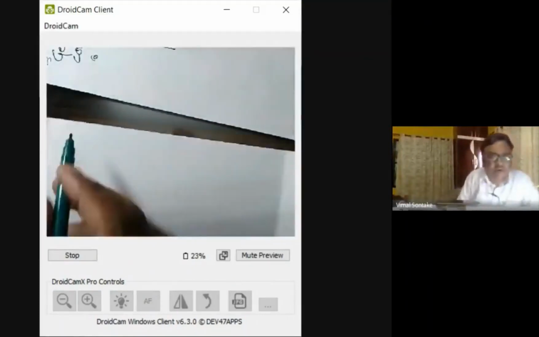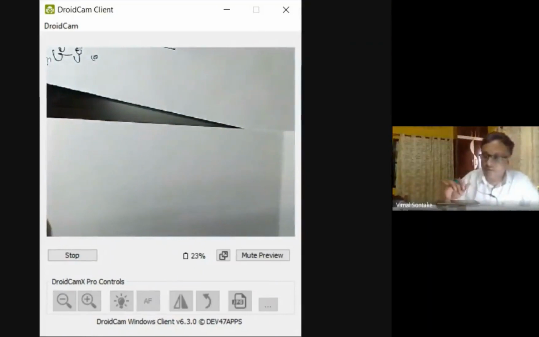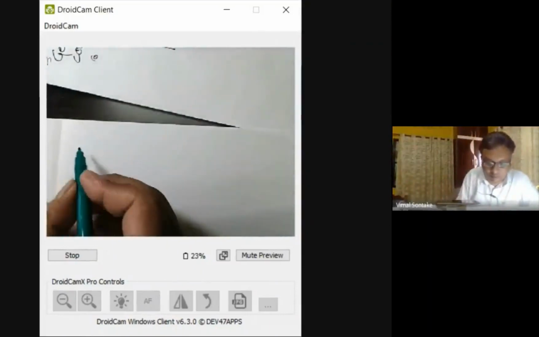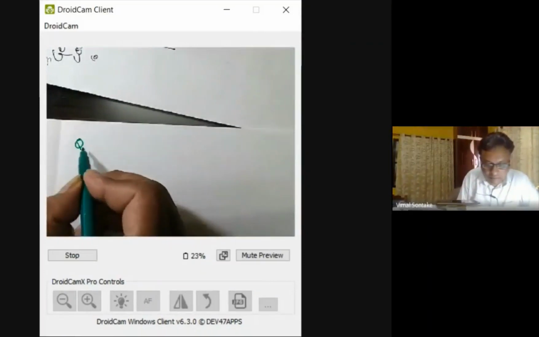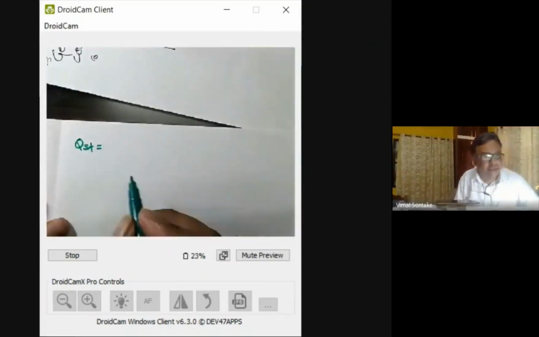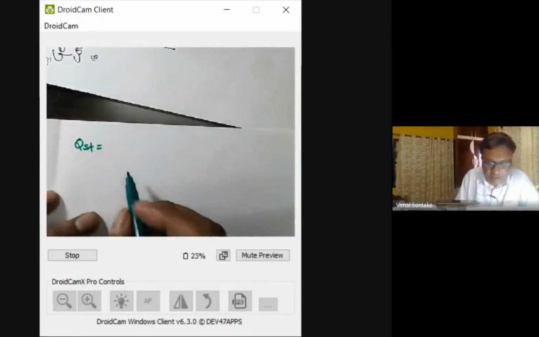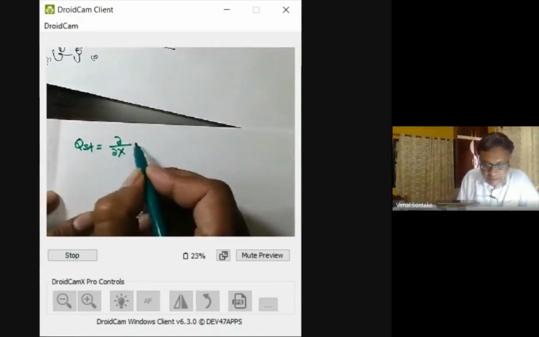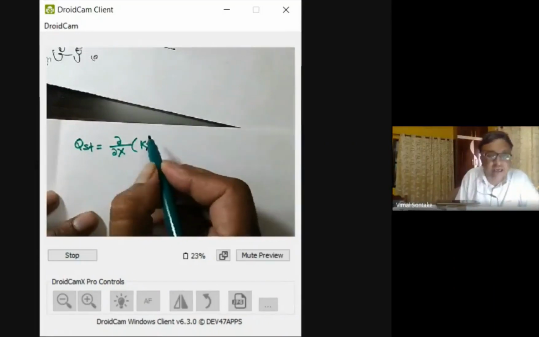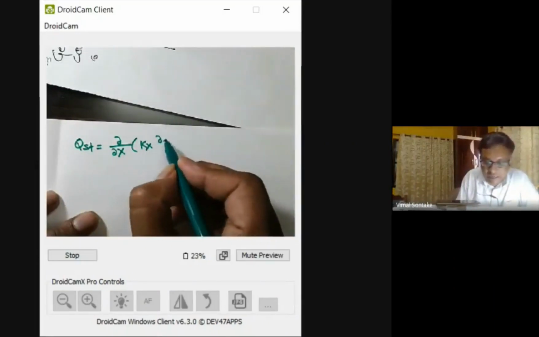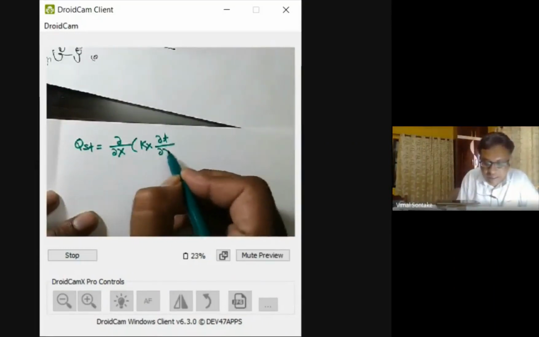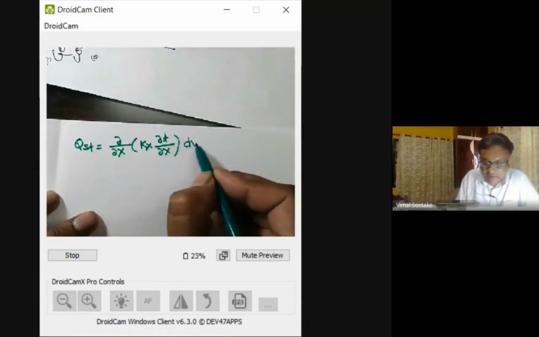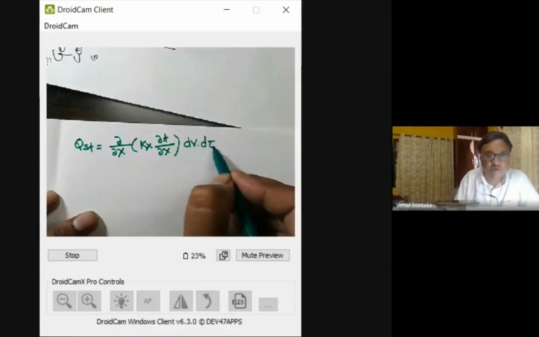So Q stored can be written as, let us write down all the expressions: del over del x, kx, del T over del x, into dv into d tau.